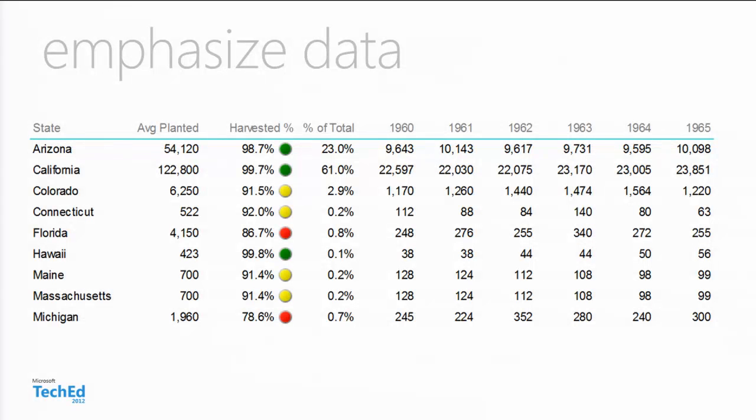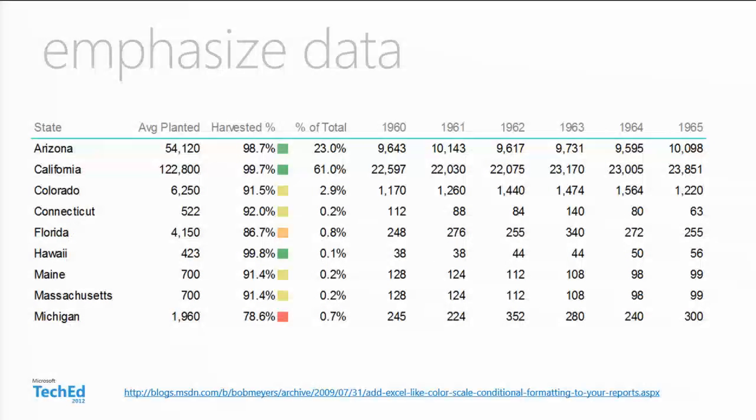Now, another option here, rather than just using a traffic light, red, amber, green sort of thing, would be that maybe you want a continuous color gradient, a continuous color scale. So you could do that as well with something like this. It's not built into reporting services. Unlike in Excel, there is no real first-class special support for color scales, color gradients.